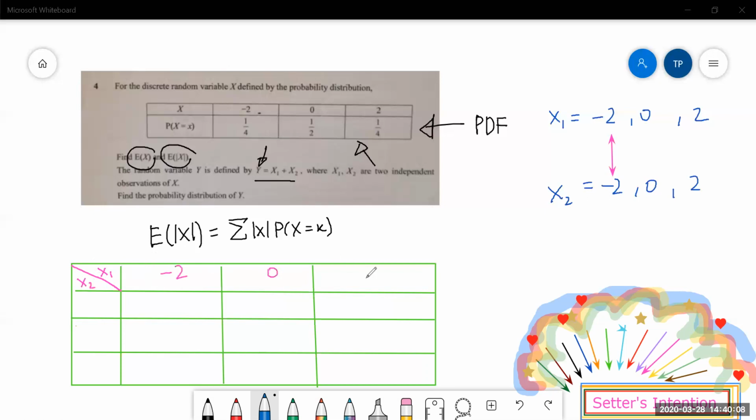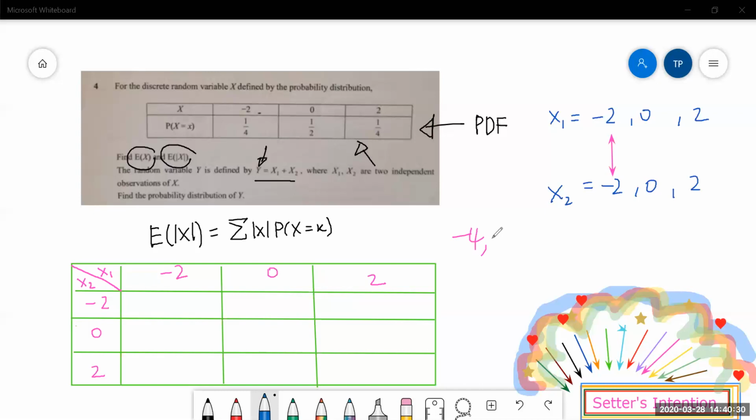-2, 0, 2. -2, 0, 2. So you can have -2 and -2, which is -4. That is one discrete value.